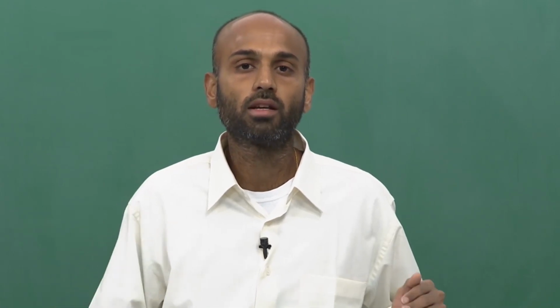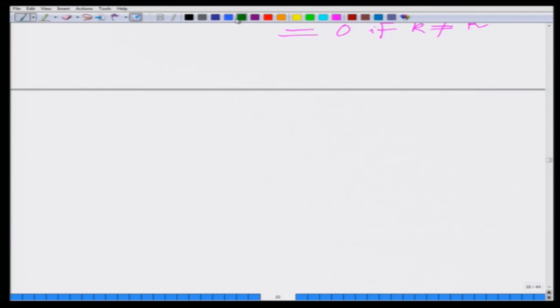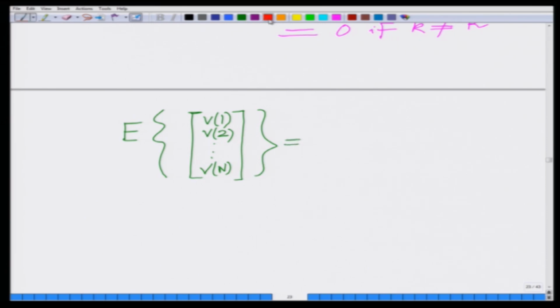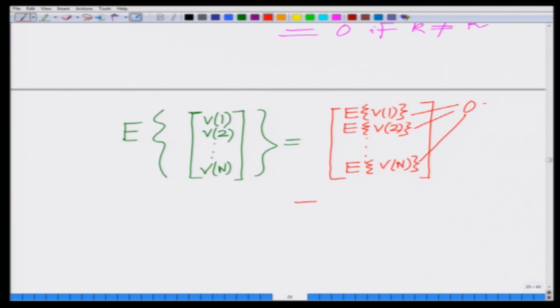Naturally, now let us characterize the statistical properties of the noise vector. The first property is simple: if I look at the mean of the noise vector V1, V2, up to Vn, each component is 0 mean, therefore the mean of the vector is the expected value of V1, expected value of V2, and so on, expected value of Vn, which is simply the 0 vector.